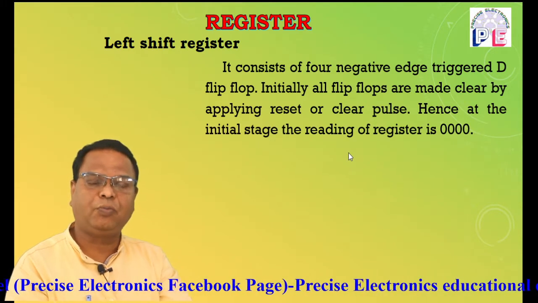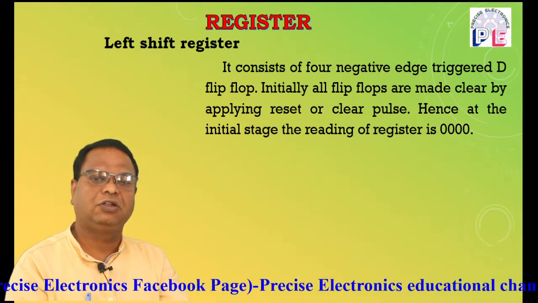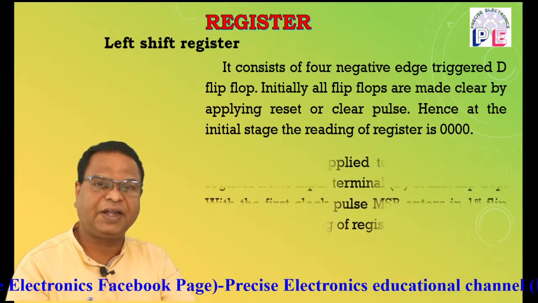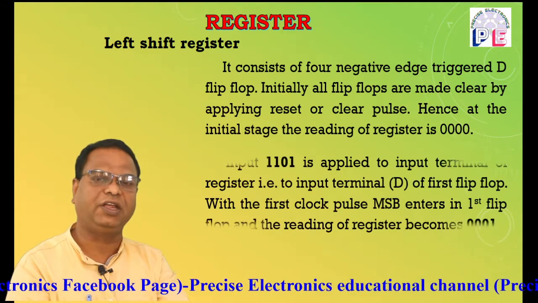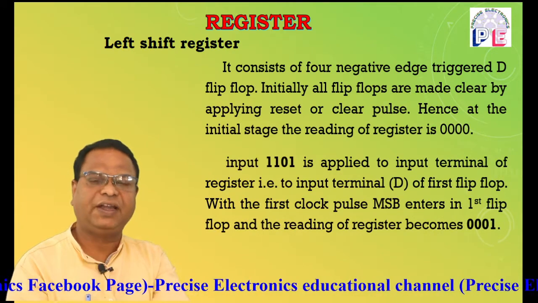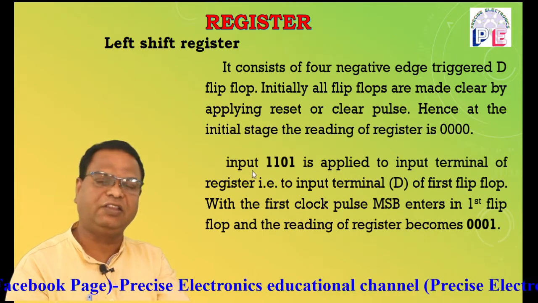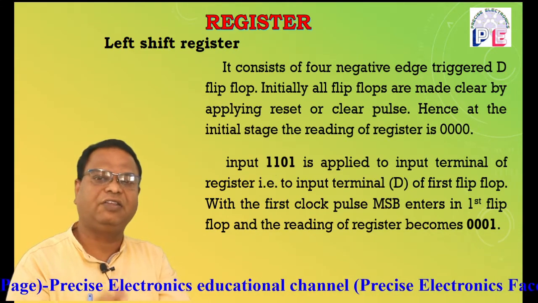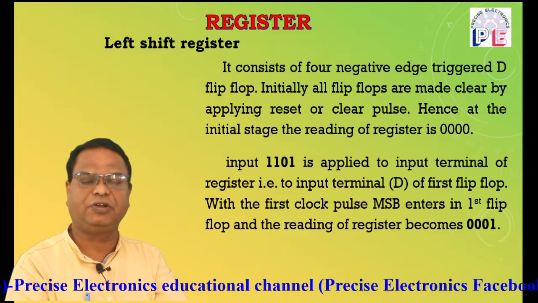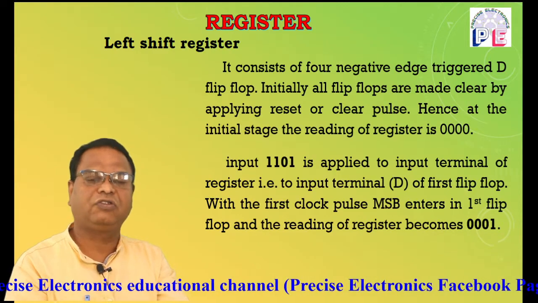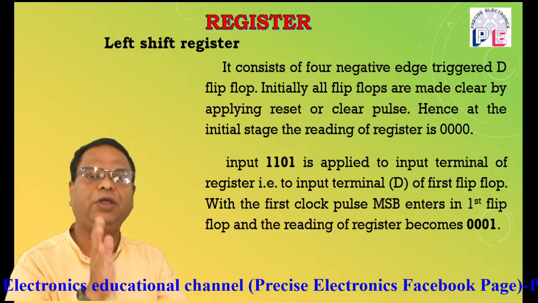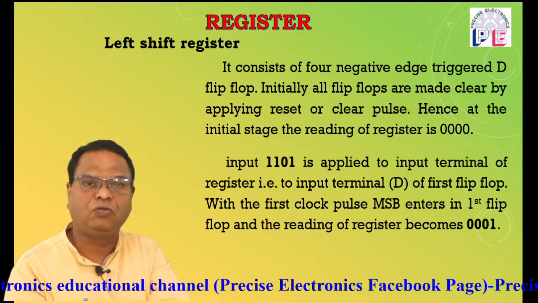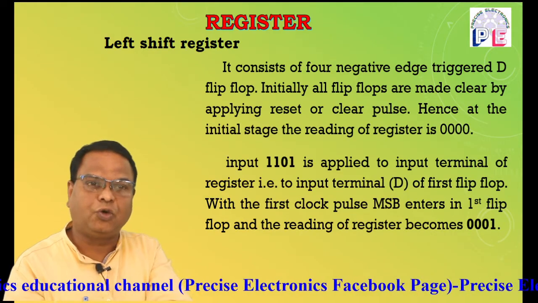Now the input data is once again the same data, that is 1101. In right shift the same data was applied, that is 1101. In this case also 1101 is our data, the bits applied to the input terminal, and that data is applied to the input terminal of the first flip-flop, that is the D0 terminal.